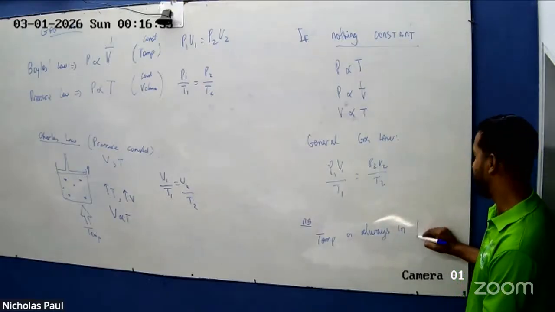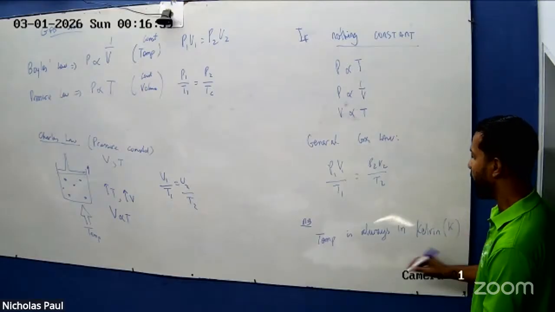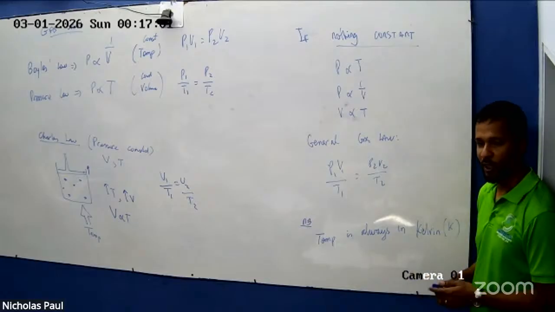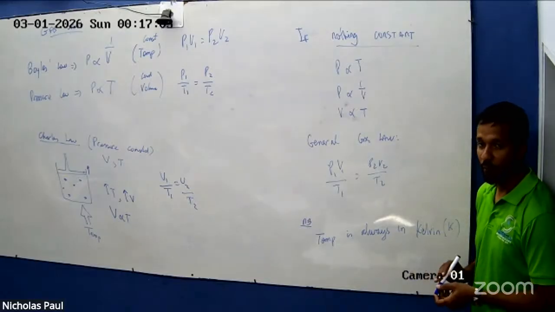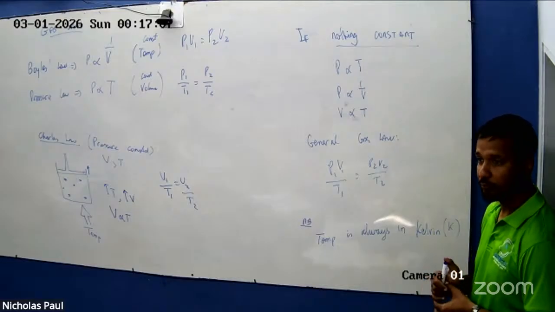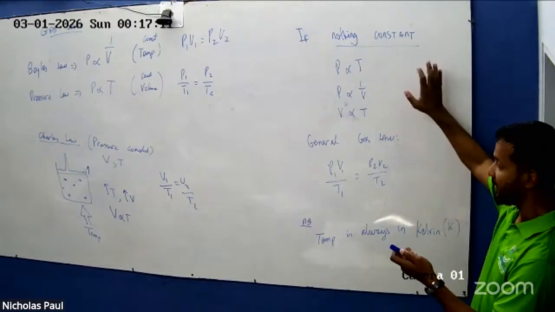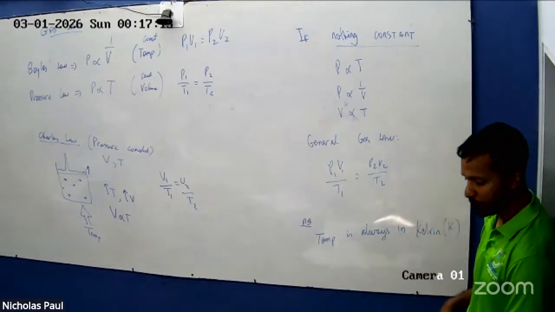We always measure temperature in Kelvin all the time. We don't ever use degrees Celsius. Ever. So we have some small calculations, and then we jump into this next week.